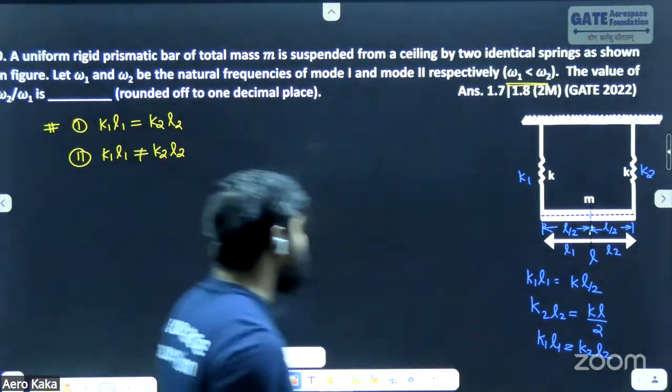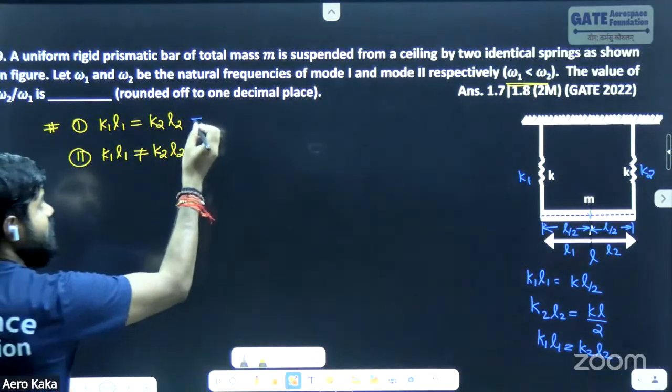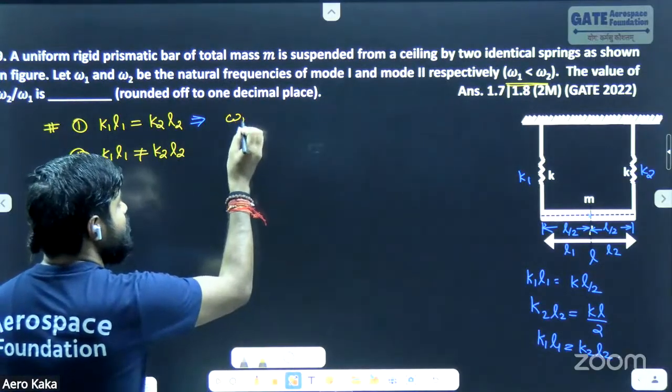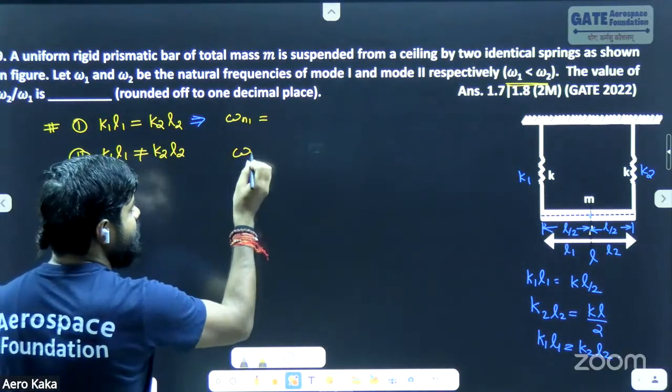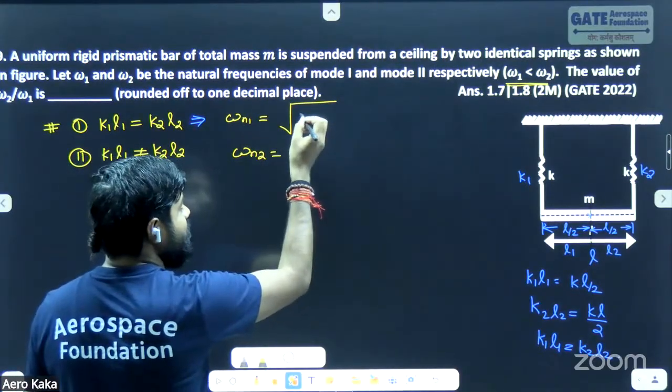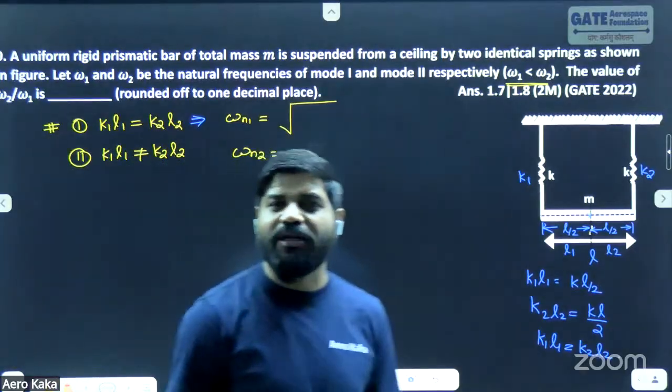Now you have to tell me what the frequency formulas are for this particular case. What is omega n1 and what is omega n2? Root of k1 plus k2 by m, I think. Could you verify?